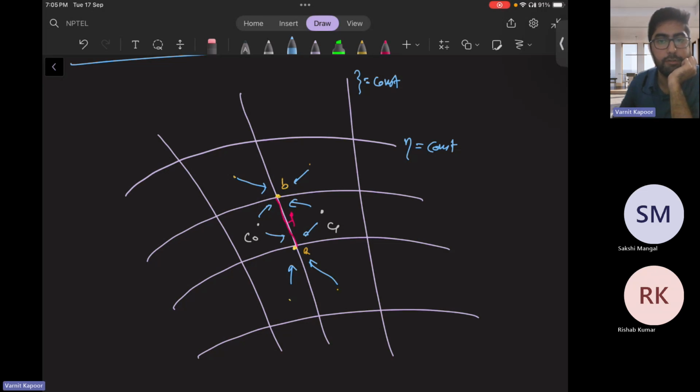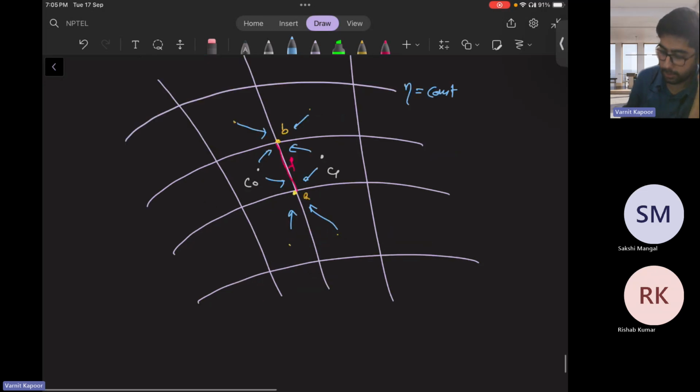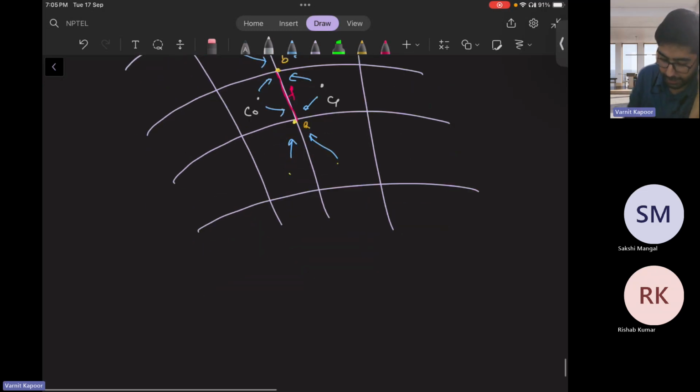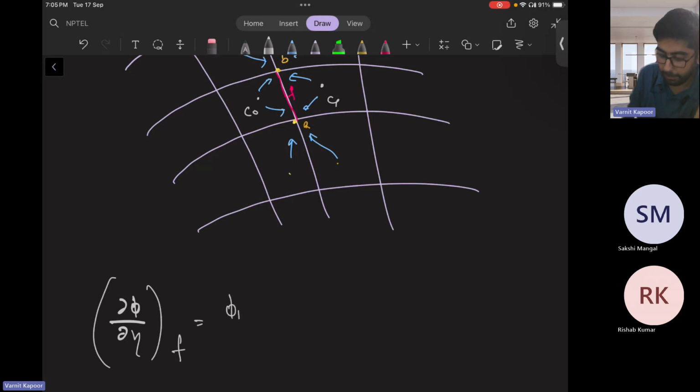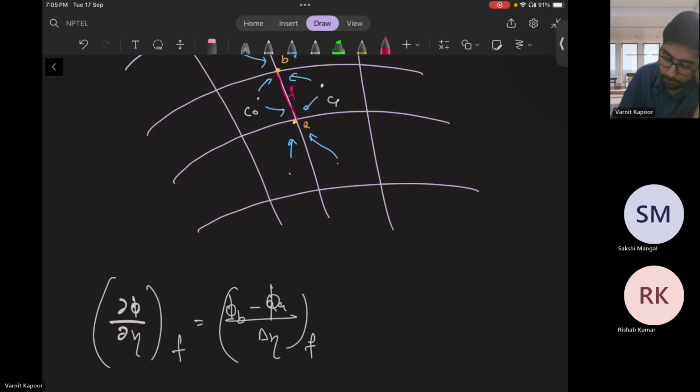So either you do dou phi by dou eta at a particular face. Suppose, let me write. You can either write dou phi by dou eta at a particular face as phi B minus phi A over L of eta for that particular face.